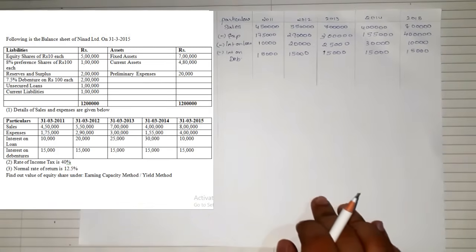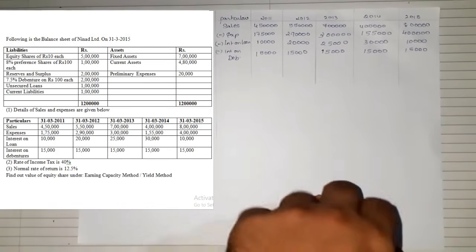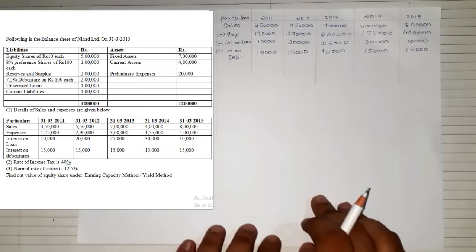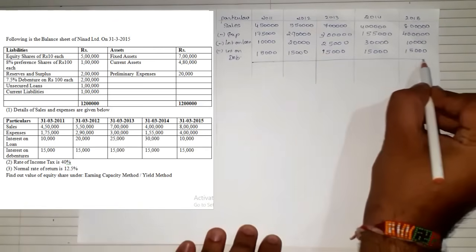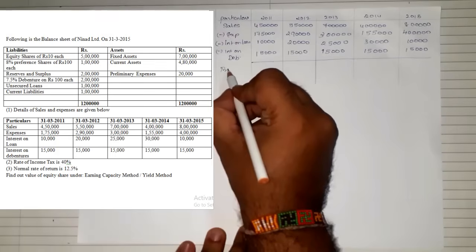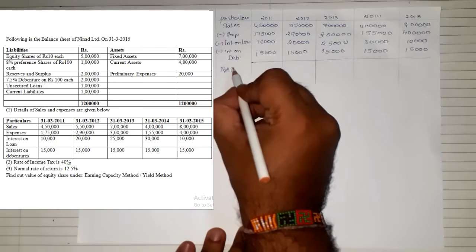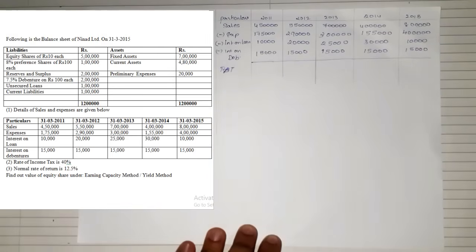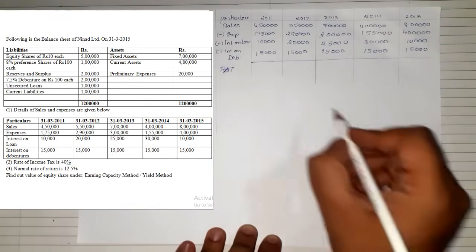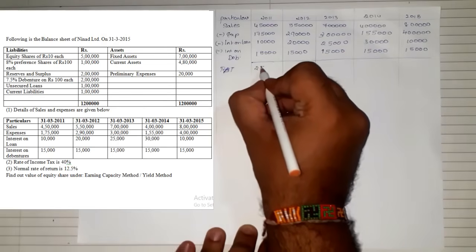So from sales, when you subtract all your expenses, whatever we get is our net profit or profit before tax. I'll write this as PBT. So the profit before tax for the first year is 2,50,000.